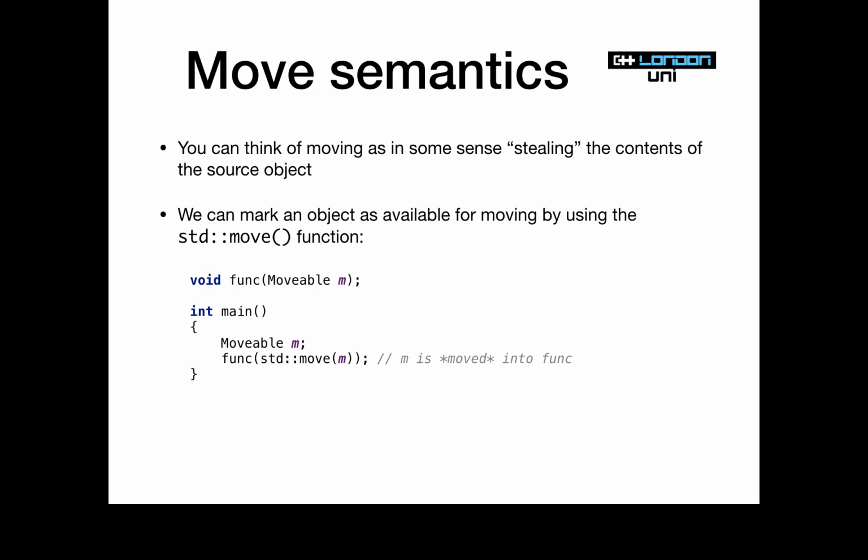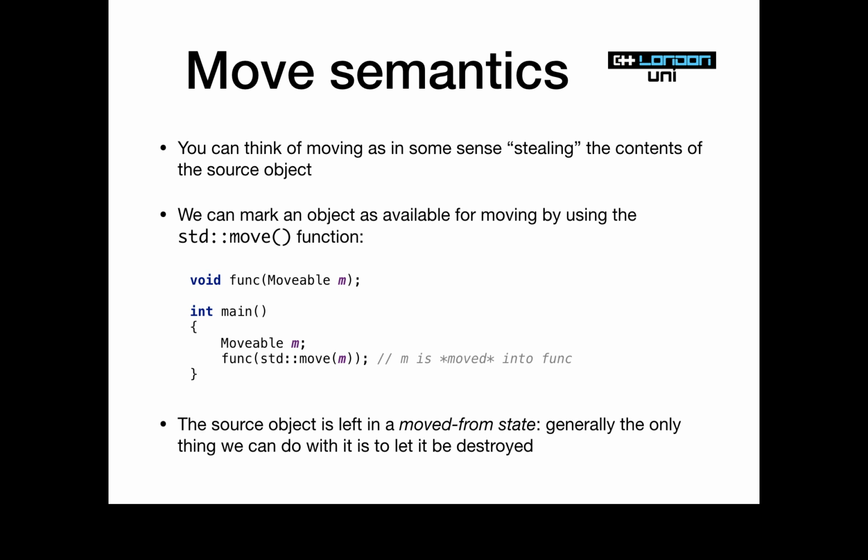Okay, so what this is doing is it's moving the variable M into this function. So we're stealing the contents of M. So M is left in what's called a moved from state. And in general, the only thing we can do with a moved from object is to let it be destroyed or reinitialize it.